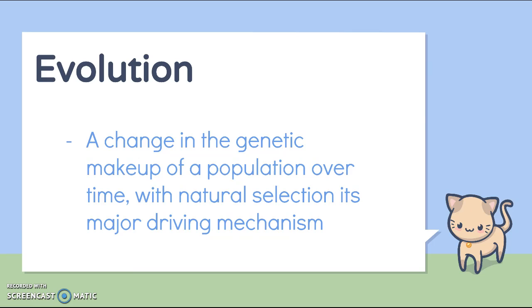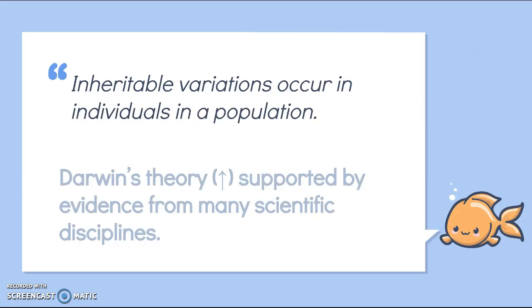And of course, Darwin didn't know about DNA or protein synthesis, but he did know that organisms do certain things. So we're going to talk about what he said and then how it relates to our current theory of evolution. So Darwin said inheritable variations occur in individuals in a population. So he knew certain traits could be passed on to offspring and that those traits were different in different individuals within a population.